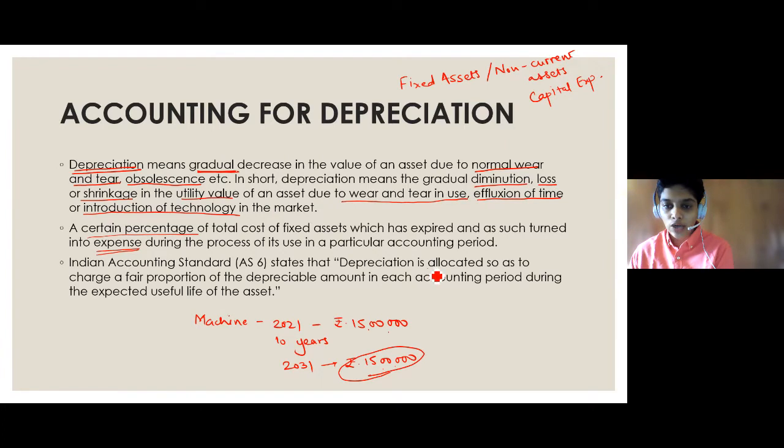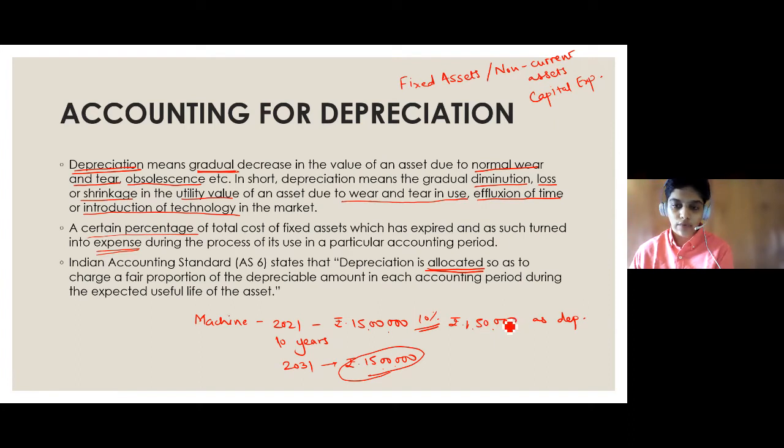So remember, it is allocation. It is not valuation. We are not valuing anything. What we are doing is we are removing a certain part from the asset and making it as an expense. So for example, in this case, because I'm planning to use this asset for 10 years till 2031, what I'll do is every year I'll charge say 10%, that is rupees 1,50,000 as depreciation.